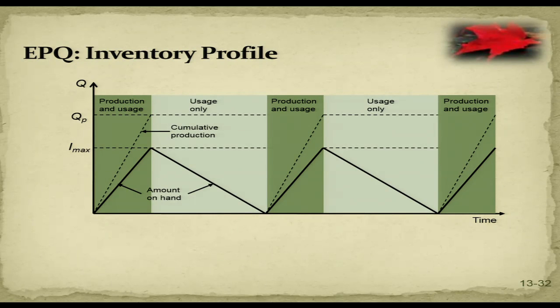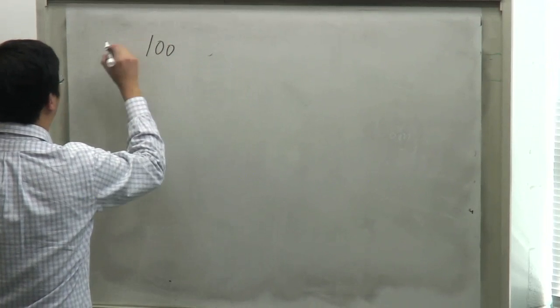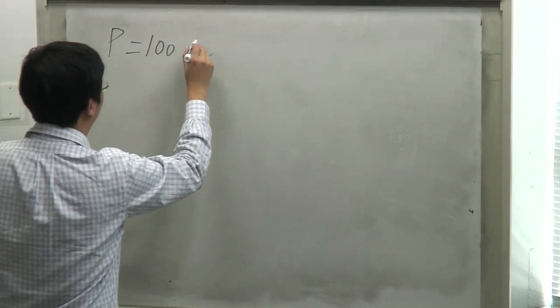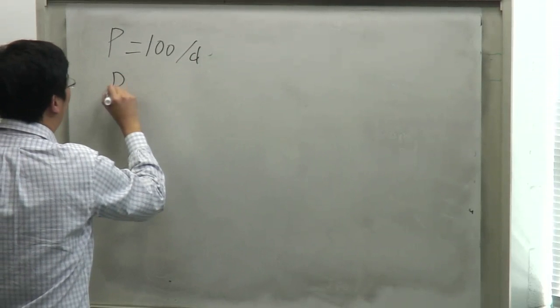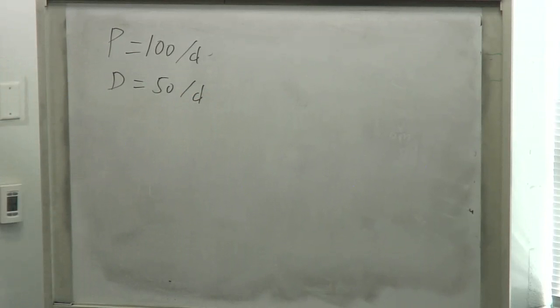Think about it: say the production rate is 100 units per day, and your demand rate is 50 units per day. Then my question: if you produce for 2 days, at the end of the second day, how many units of on-hand inventory do you have? 100, right?